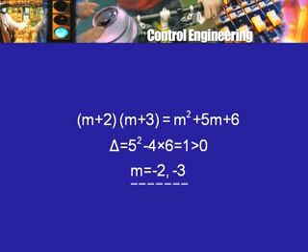What are the roots? m equal to minus 2 is one root and minus 3 is the other root. Both are real and they are distinct. Minus 2 is not the same as minus 3. What is the discriminant delta here? Delta is 5 square minus 4 times 6, that is 1, which is positive. So the discriminant is positive, the roots are real and distinct.